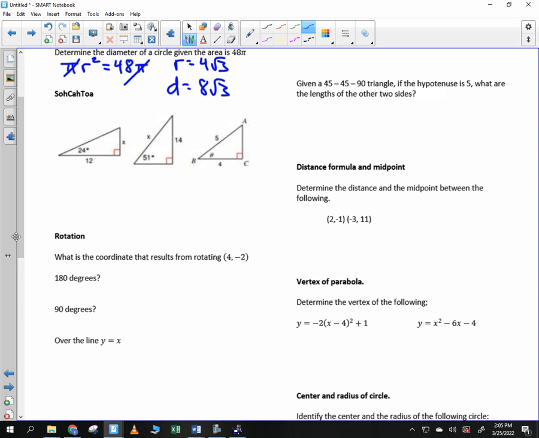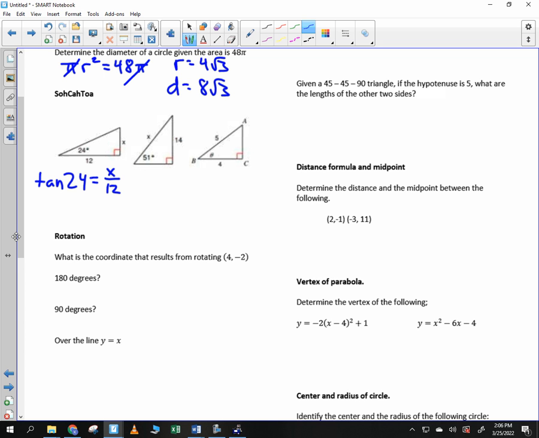So in this situation, would you use sine, cosine, or tangent? Opposite and adjacent, so tangent. Tangent of 24 is equal to what over what? X over 12. Do we know how to solve from there? Great. Let's move on to the next one.